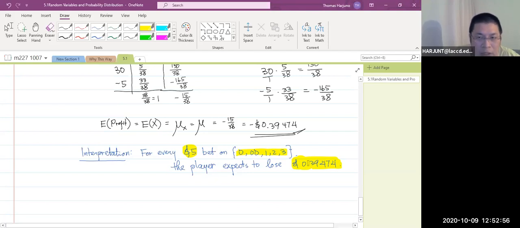This is the cost of entertainment in the eye of a casino. You call that loss, they call that entertainment. You need to pay us to entertain you, right? Of course you may lose all $5, but at times you also win $30. On average you will lose 39 cents with some little change each time you bet $5 on this.